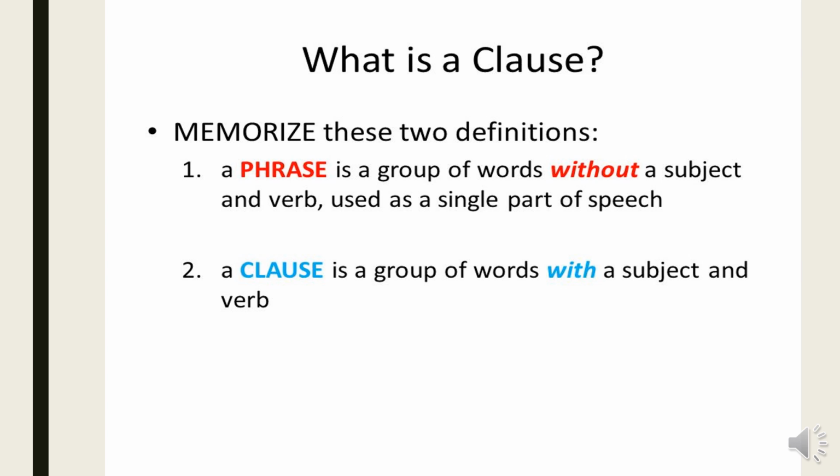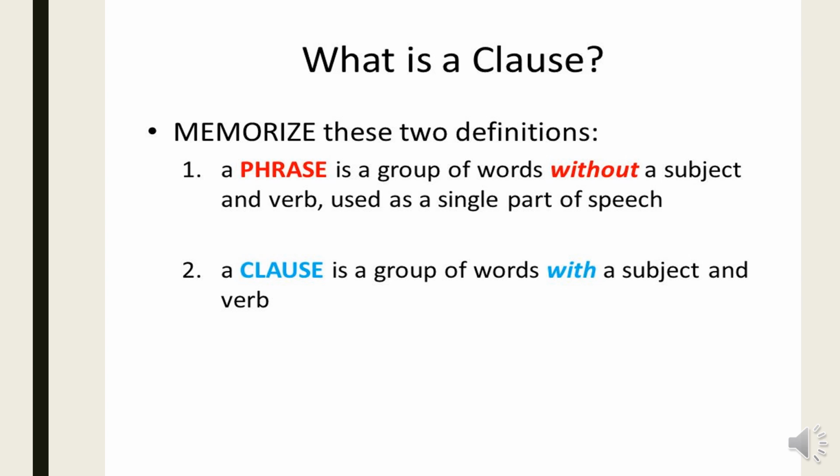But a clause is a group of words with subjects and verbs. So this is the difference between clauses and phrases. A phrase is a group of words without subjects and verb, but a clause is a group of words with a subject and a verb.